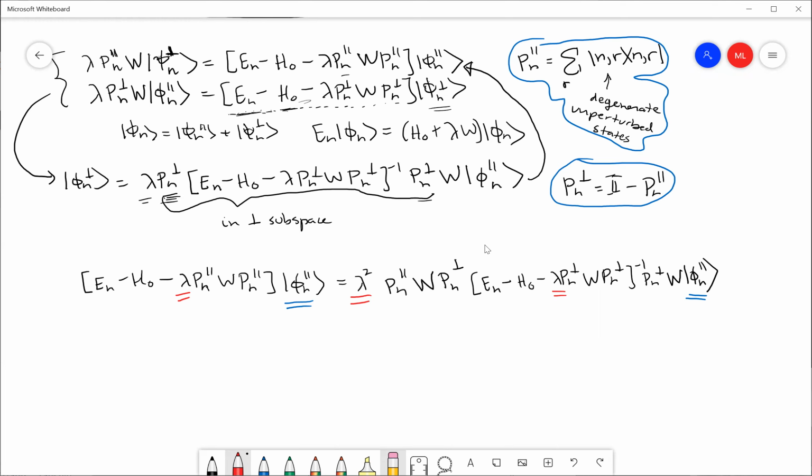So what we've done here is we've taken the eigenvalue equation, we've decomposed it into a piece that's in the degenerate subspace and a piece that's in the non-degenerate subspace. The non-degenerate subspace is okay. We can invert the eigenvalue equation. We know that there won't be any nasty blowups because we're away from any degeneracies.